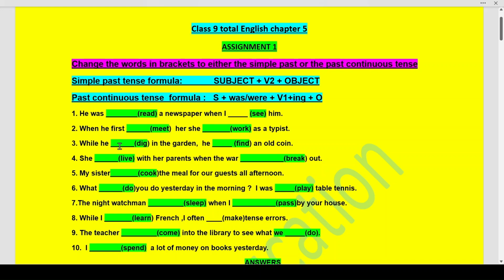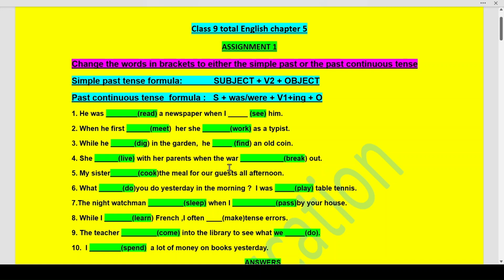Because according to subject verb agreement, he is a singular subject. A singular subject takes a singular verb after it, which is was over here. If there was a plural subject, then it would have been were over here. So while he was digging in the garden, he found an old coin. He is the subject, found is the V2 form of verb find, old coin is the object here.